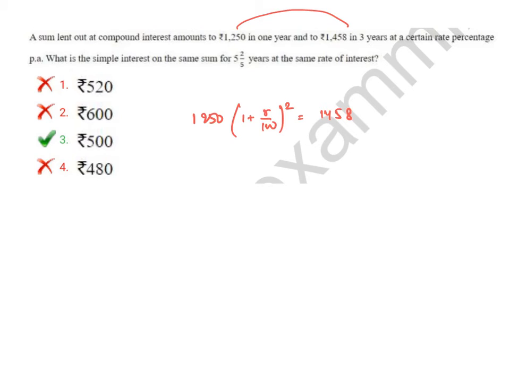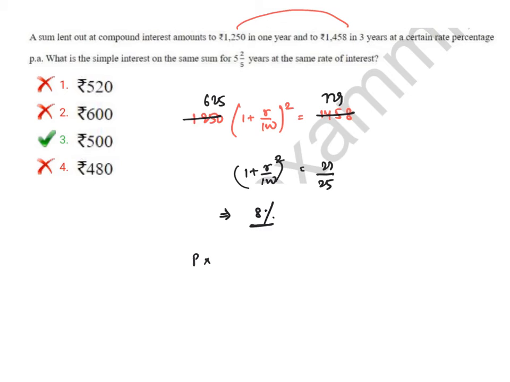So cancel it in the two table, 625, this becomes 729. We know 1 plus r by 100 whole square is equals to 27 by 25 whole square. The moment I look at 27 by 25, you can say it is 8%. R is 8%.